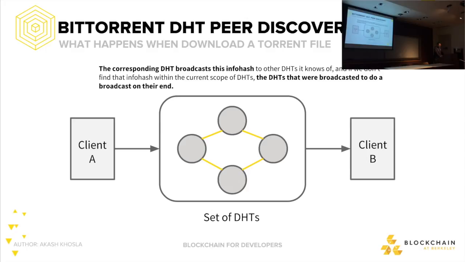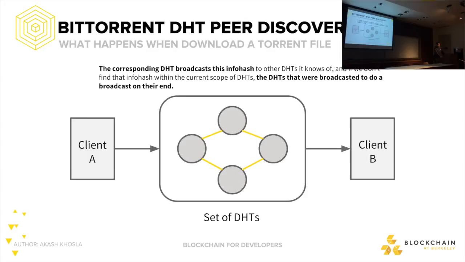Well, actually, the single DHT broadcasts to the other DHTs that it knows of. And if there's no info hash within the current scope of DHTs, those other DHTs that were queried will also query their neighboring DHTs, the ones that they know about, because the DHT that we originally sent it to doesn't know all the DHTs in the network. But the other ones know more DHTs and so on and so on.